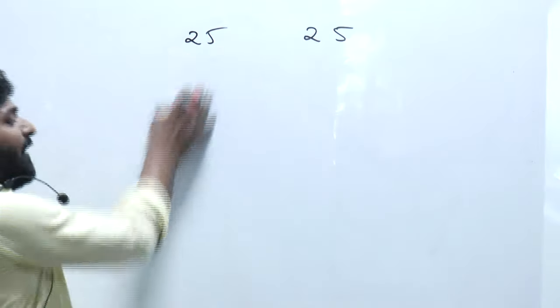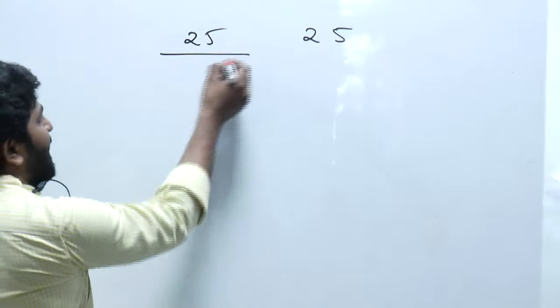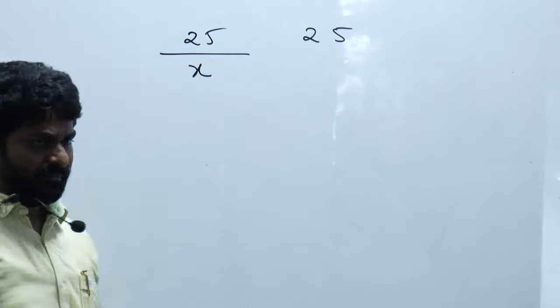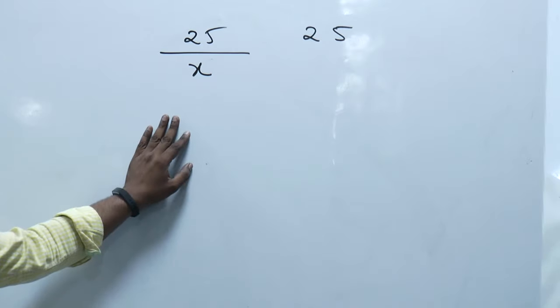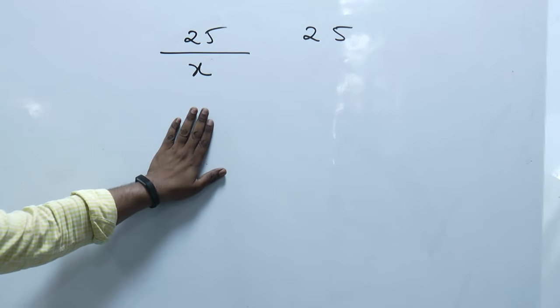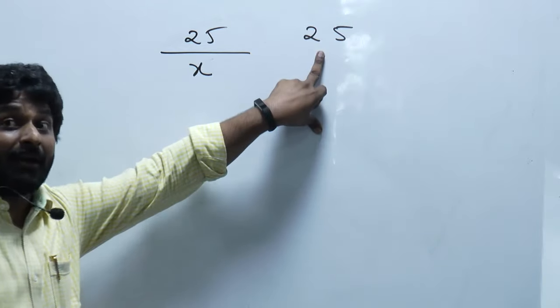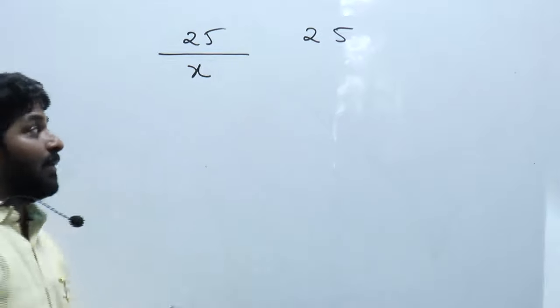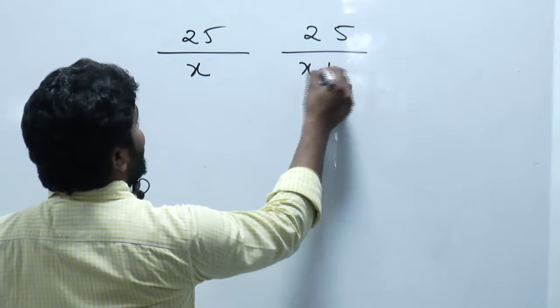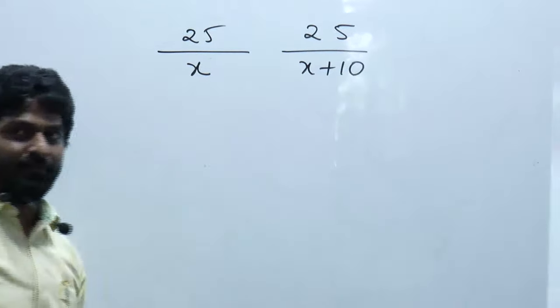Now, to cover 25 kilometers, he maintained a certain speed, x. He was delayed by 2.5 minutes. And to cover this up, he increased his speed by 10 km per hour. So, to cover the next 25 kilometers, what was the speed maintained by him? x plus 10. What is 25?